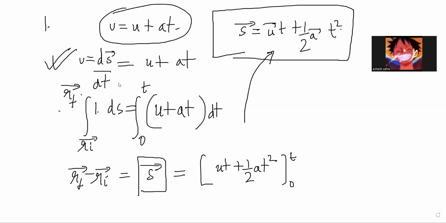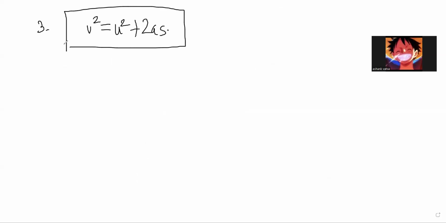The third equation of motion is v square is equal to u square plus 2as. We can derive this also. We can say that acceleration was equal to dv by dt. But instead of dv by dt, we can write it as dv by ds times ds by dt also, right? Yes, sir.